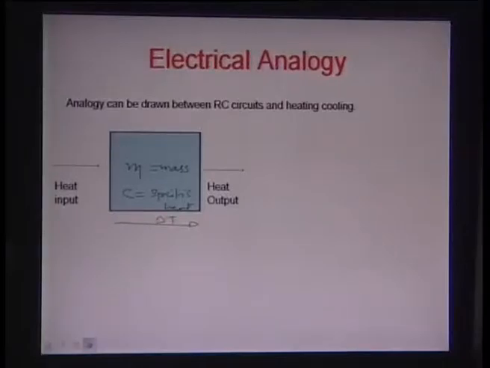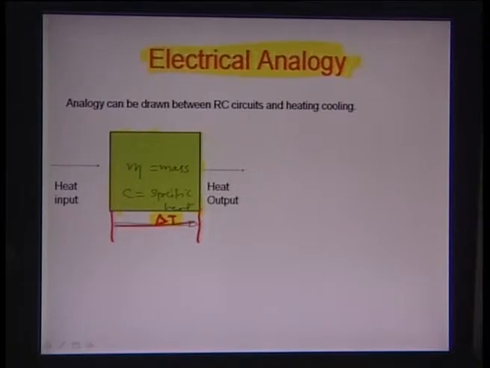If you look at the slide, there is a mass which you are heating up. The mass is represented by the term m, and the specific heat of the material is C. We assume a temperature difference delta T between both ends of this mass.